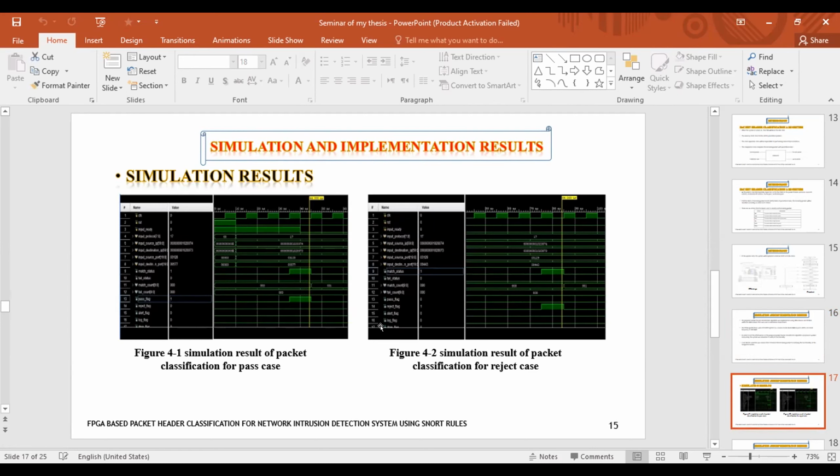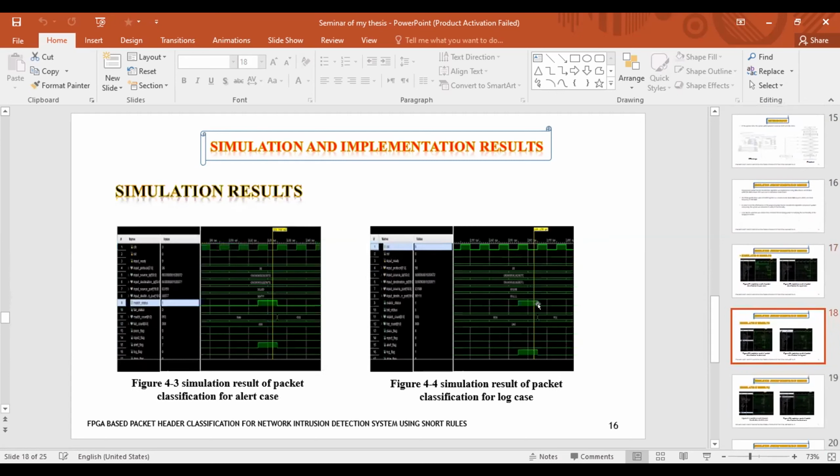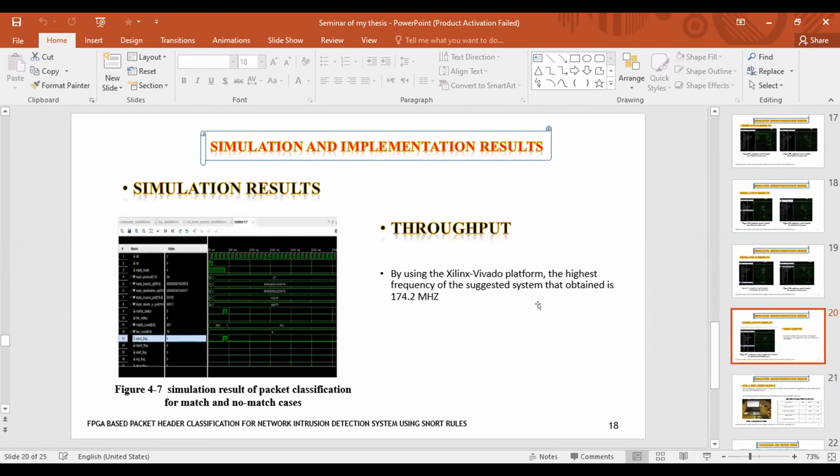This is the result of my work. For example, this bucket is valid, so it will be passed. As you know, this is a pass. This is an invalid bucket, so it will be dropped. And this is the alert and load, etc. The throughput that we got is 174 megahertz.